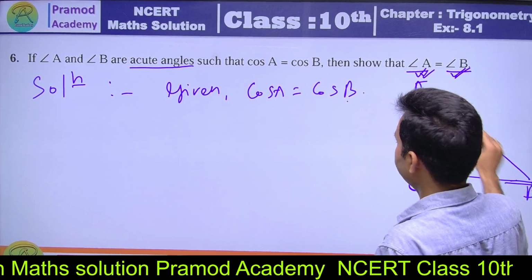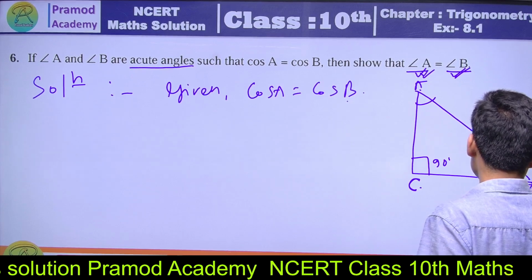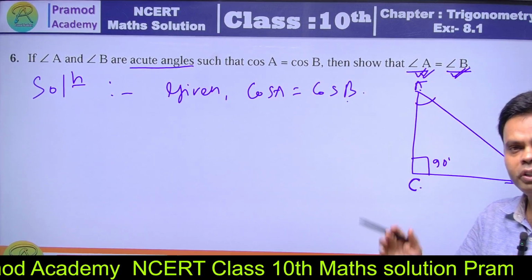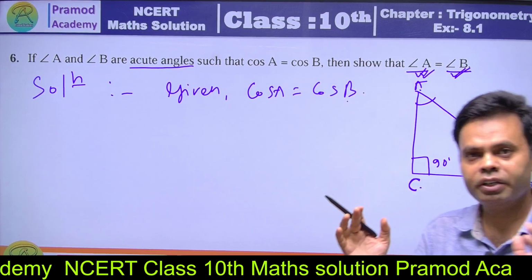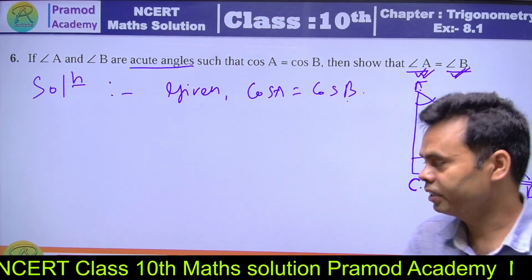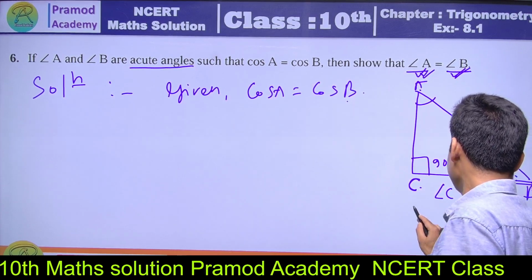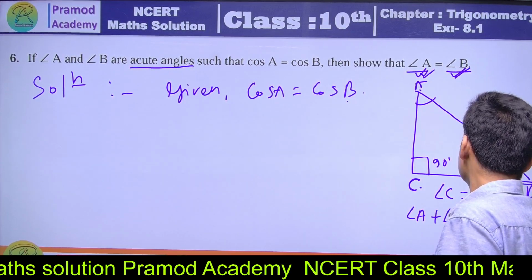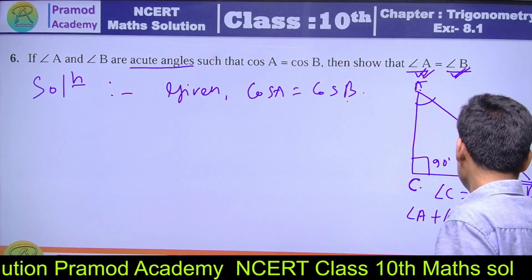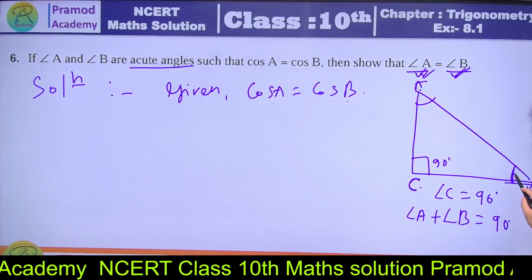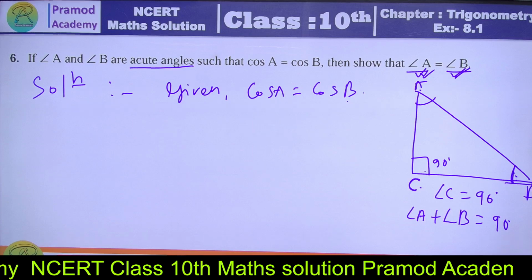If angle A and angle B both are acute angles, that means in a right angle triangle, the sum of both acute angles will always be 90 degrees. So here if angle C equal to 90 degrees, then the sum of angle A and angle B will be 90 degrees. Why? Because the sum of all three angles will be 180 degrees.